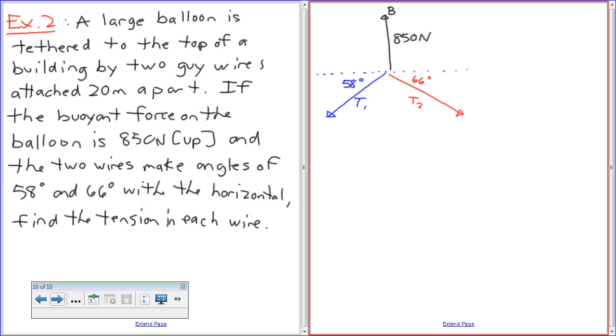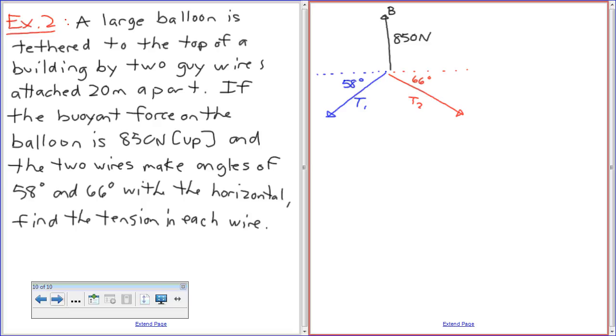Why are they on opposite sides? Isn't the balloon tethered by the two wires? Yes. And then the middle line is kind of where the tension is. Yes, what we're saying is together they're going to add up. So think of it this way.